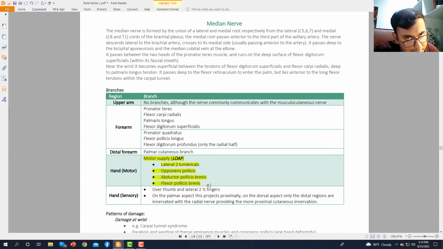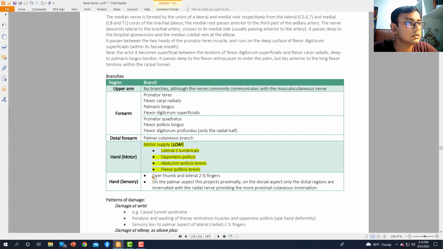Those are supplied by the median nerve. And the sensory over the thumb, lateral one and a half, palmar aspect, the cutaneous innervation. In the forearm: pronator teres, flexor carpi radialis, palmaris longus, flexor digitorum superficialis, pronator quadratus, flexor pollicis longus, flexor digitorum profundus radial half. All supplied by the median nerve.